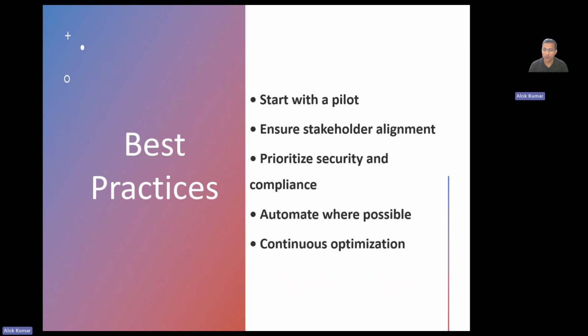Automate wherever possible. I mean to say, once you move or plan to move your workload to the cloud, try to automate your processes as much as possible, like DevOps processes. So your DevOps pipeline should be properly configured. Your data pipeline should be configured properly.